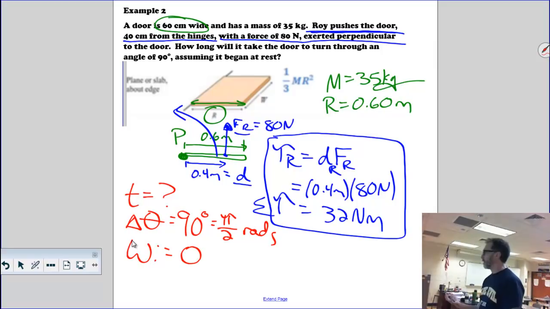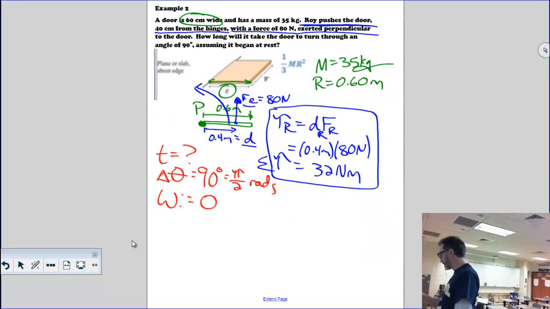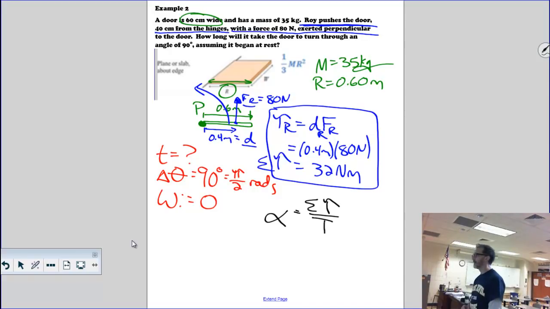All right? So we need to find out something else. Well, check it out. Newton's second law for rotation tells us the relationship between the torque and the angular acceleration. Okay? So I know that alpha is equal to net torque over I. So I need to find I, right?